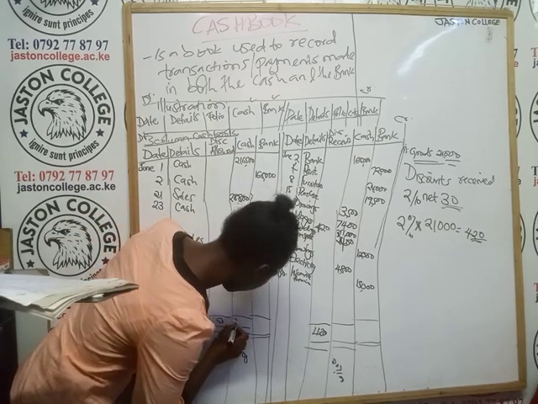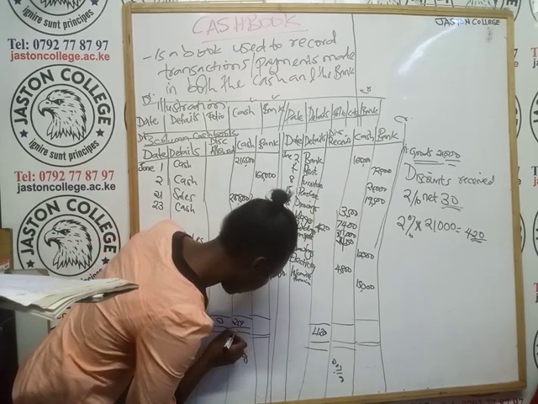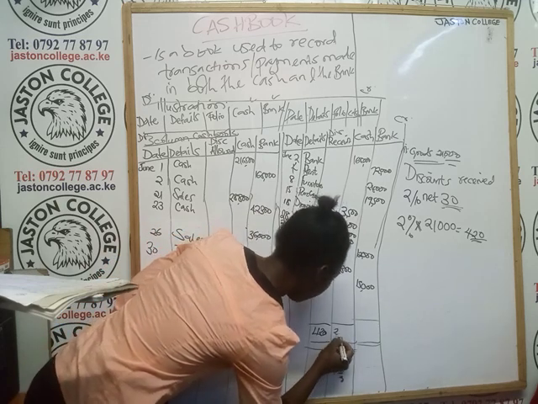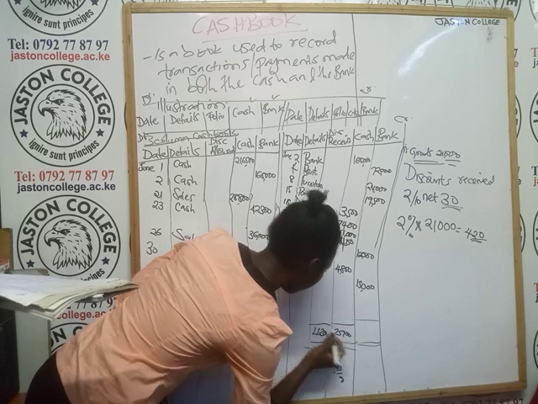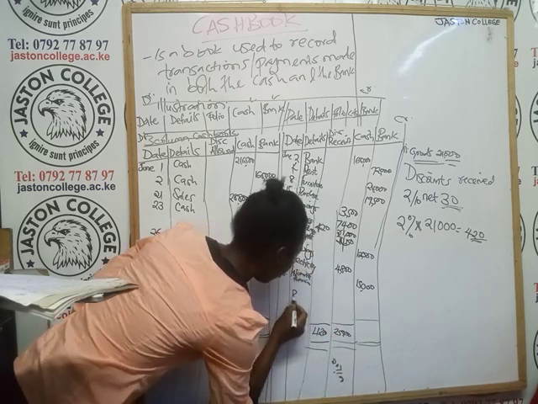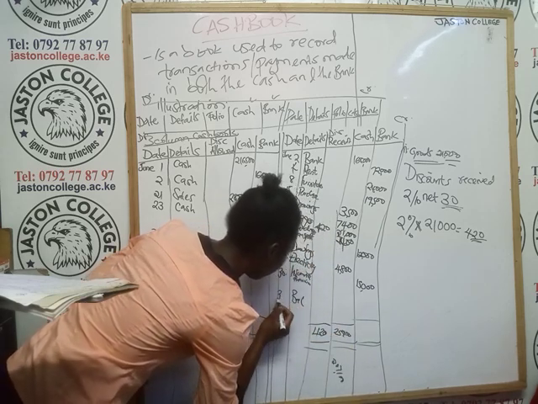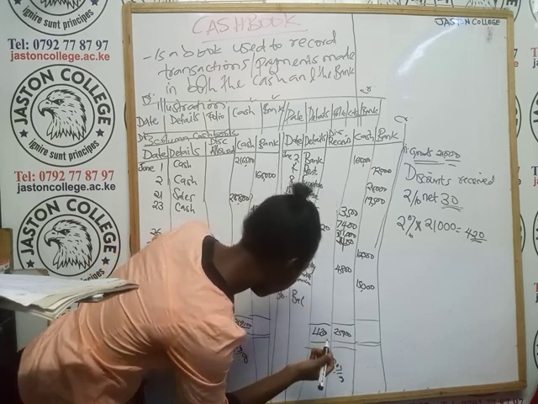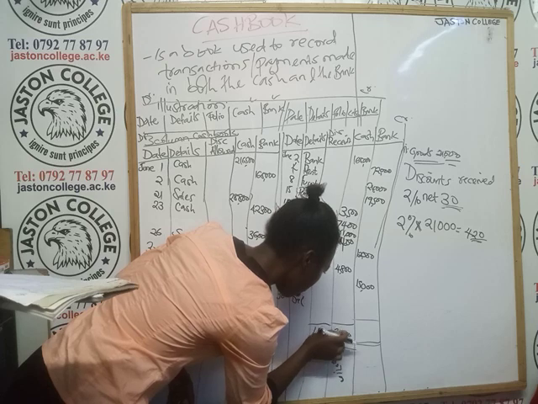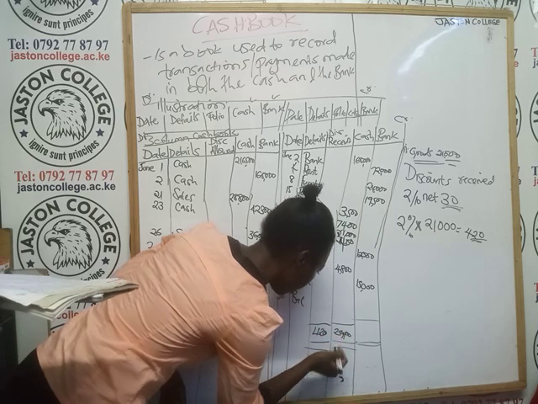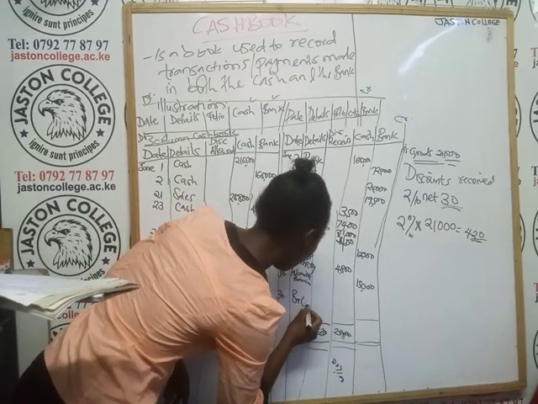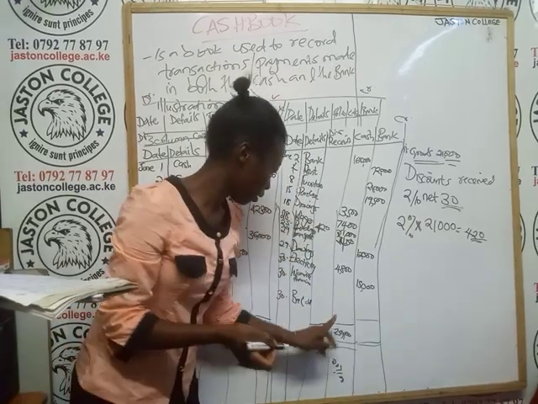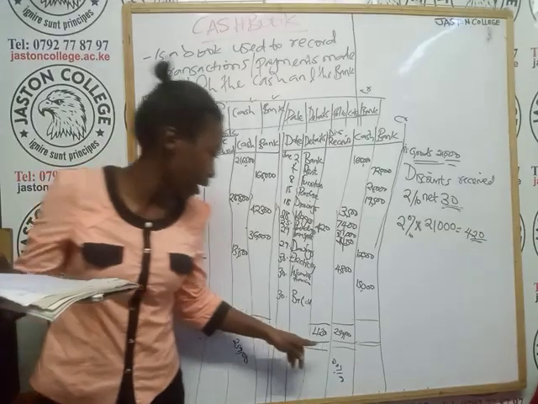So this one is the balancing figure, 259,100. Even here, 259,100. So we will have our balance, the same date, the ending date, the 30. 259,100 shillings on our cash side. Balance carried down.